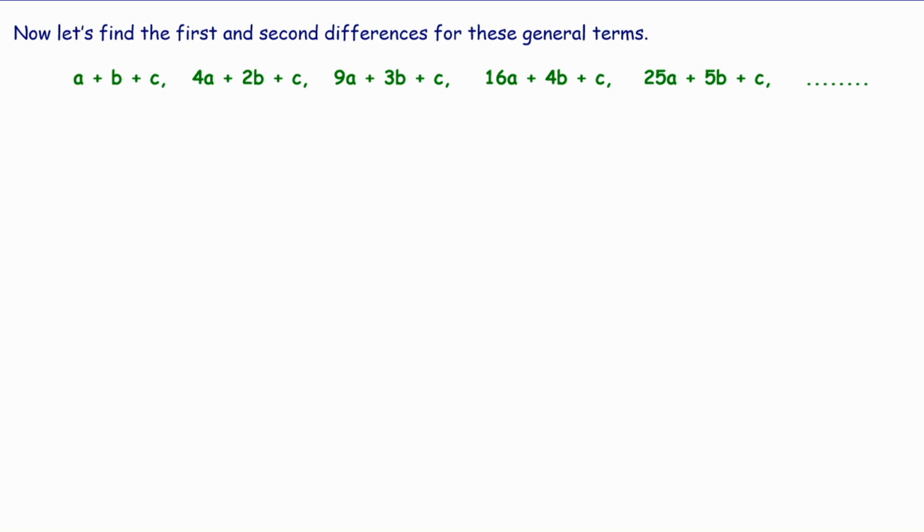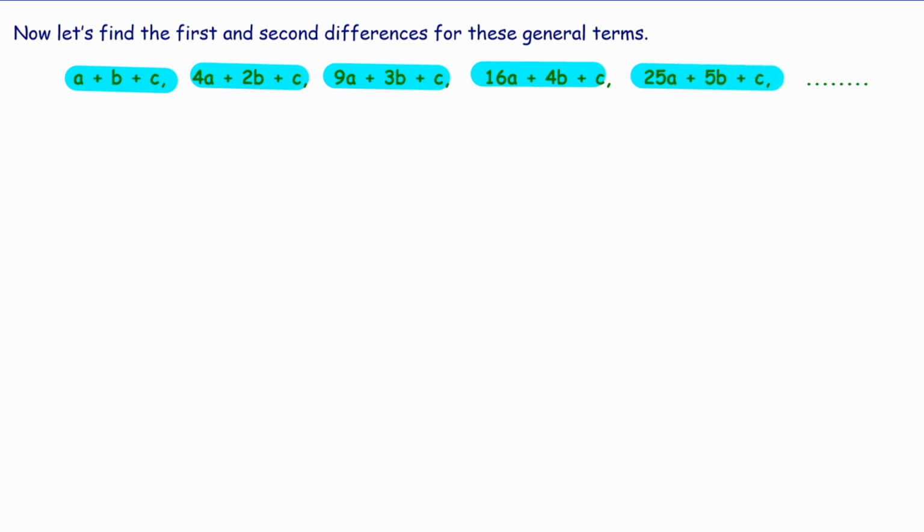So we have the first term, second term, third term, fourth term, and fifth term for the general quadratic sequence. And what we want to do next is to find the first and the second differences for these general terms.